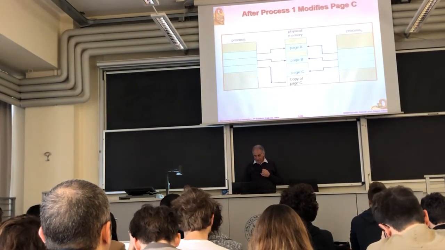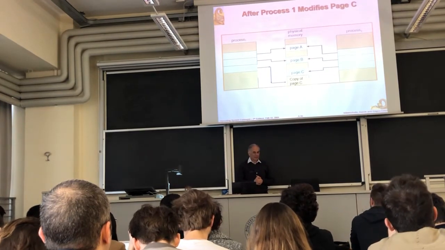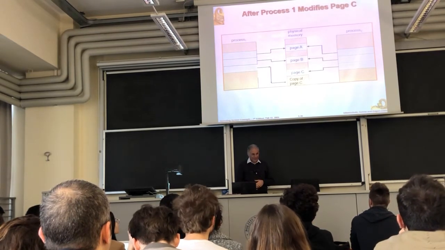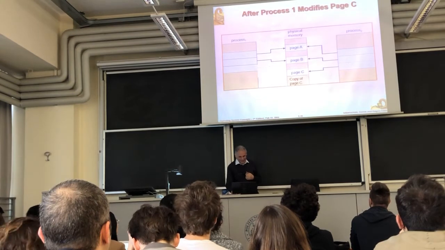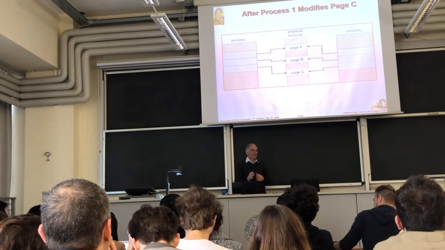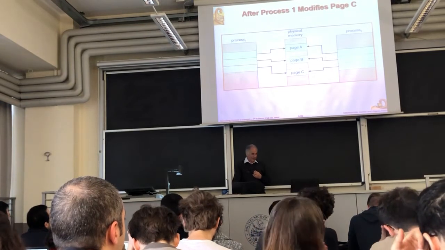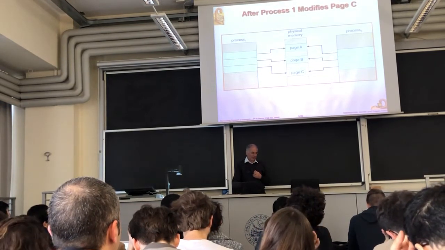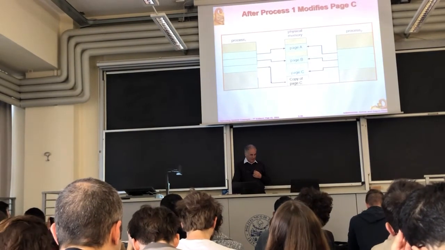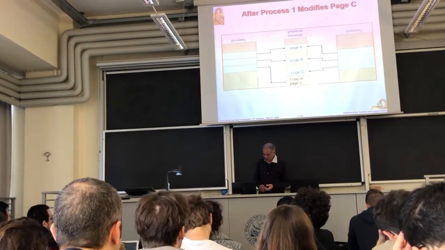Okay? So this is the page for process 1, and the previous one is the page that was not modified by the child. Okay? No? Yes. Look. Here, parent and child share the same page C, but now the process 1 writes on C. As a matter of fact, it writes on a copy of C because the kernel knows that this page is shared.